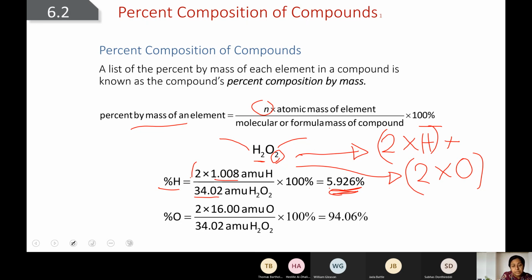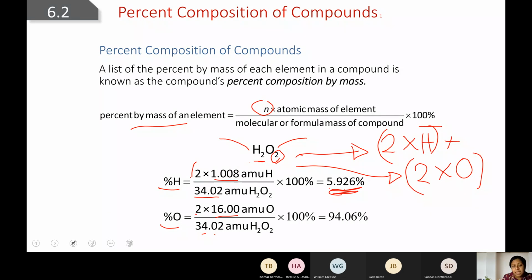Let's calculate the percentage mass of the oxygen in hydrogen peroxide. The N for oxygen in hydrogen peroxide is 2 again, and we multiply that by the atomic mass of oxygen, that is 16. Then we divide it by the molecular mass of H2O2, that is 34.02, and we multiply that by 100. So we get 94.06.